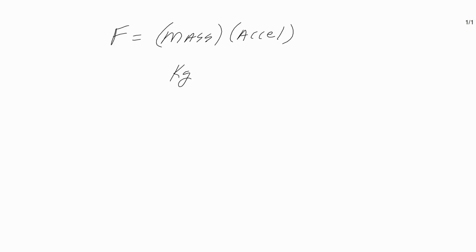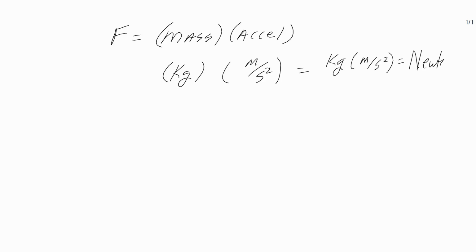Which in the metric system is kilograms times meters per second squared, which comes out to be Sir Isaac what? Newton. And it was named because he got hit on the head with an apple. That's where all this comes from.